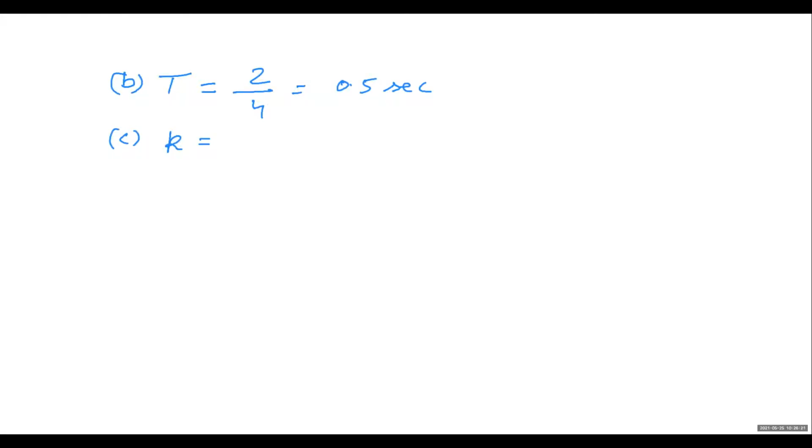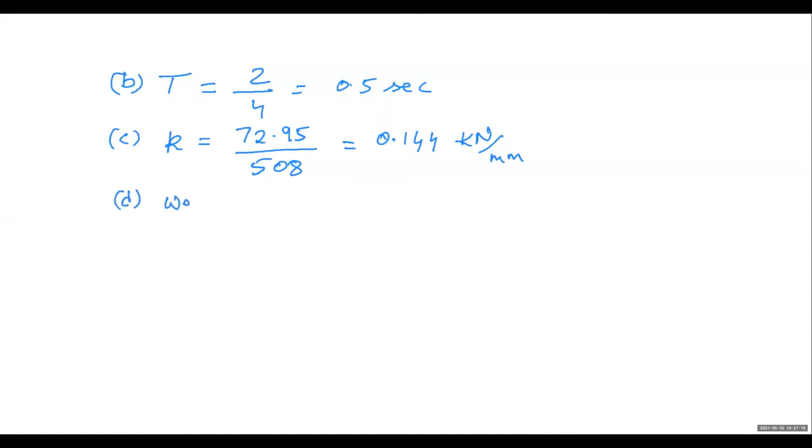We have 72.95 by the displacement, which is 508 mm. That gives 0.144 kilonewton per mm. You can write per mm, or you can convert it.